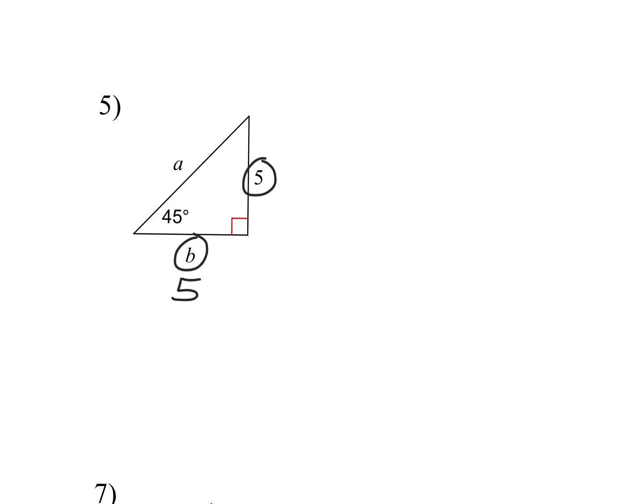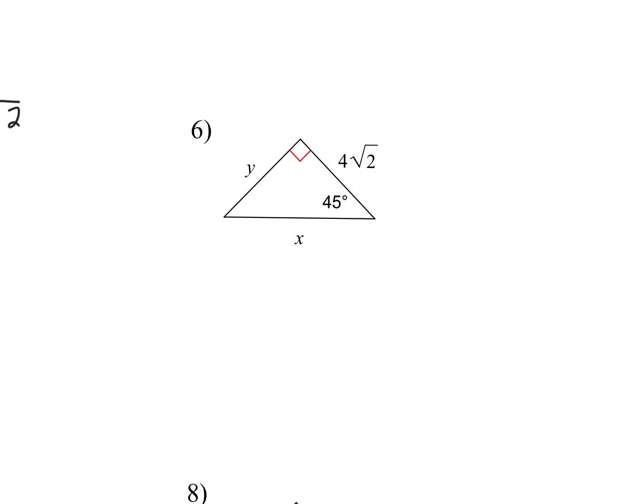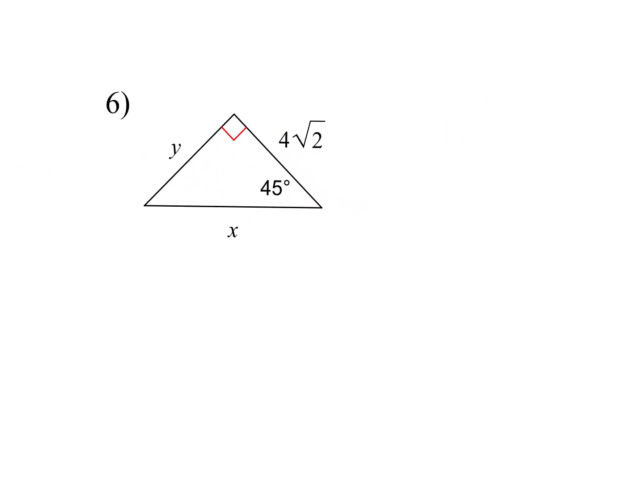Hypotenuse. How do I go from the leg to the hypotenuse? Multiply by square root of 2. If I'm multiplying a whole number and a square root, they just go together. 5 square root of 2. So that is our A value. Okay? So the whole point for circling the legs is to help us realize and remember that they're the same. Okay, so looking at number 6, which ones are our legs?